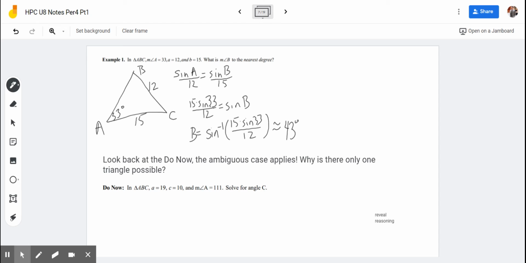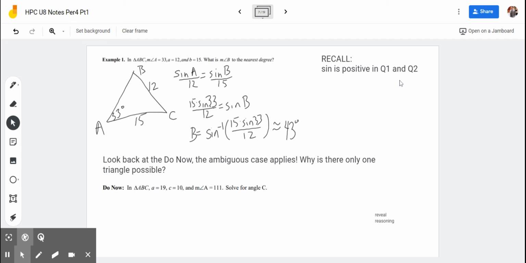Now, the reason why this is the ambiguous case is because what we need to check as well, if you recall from the previous unit when we were solving trig equations, is that the number inside the inverse function, sine inverse, is going to be a positive value. So recall sine is positive in quadrant 1 and quadrant 2.